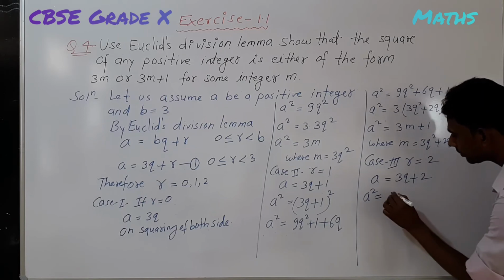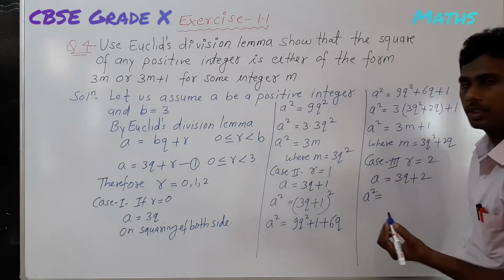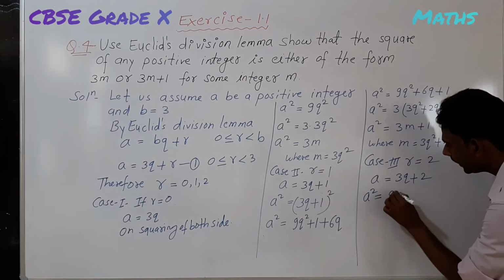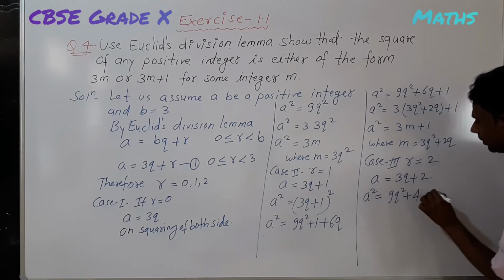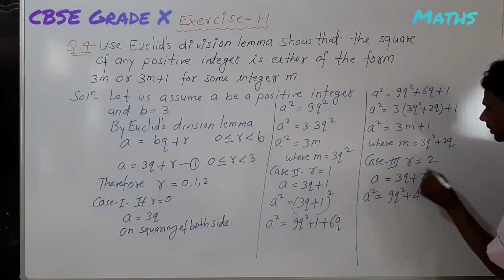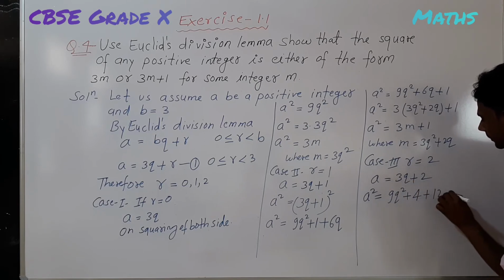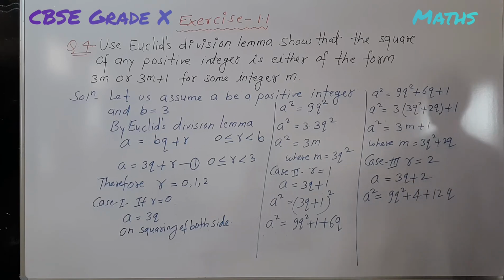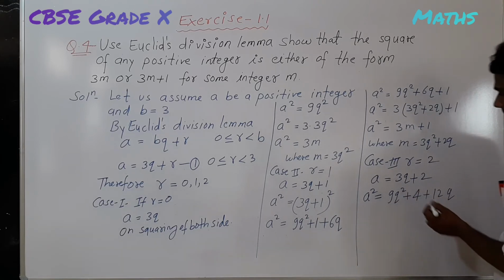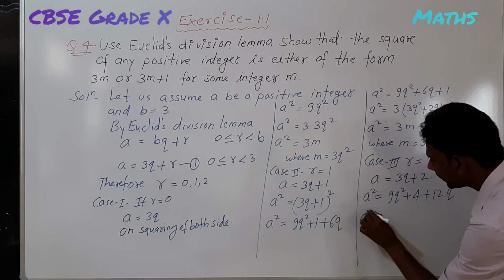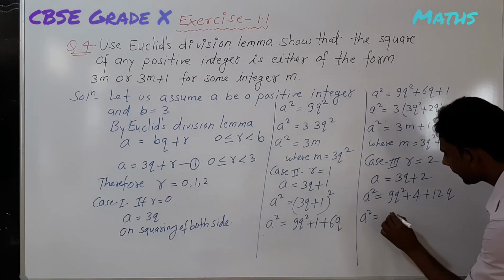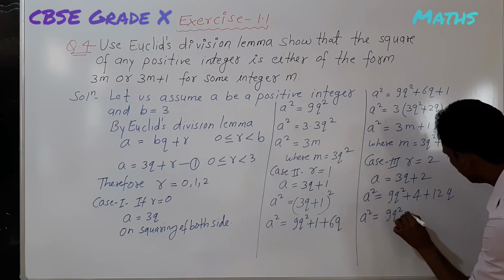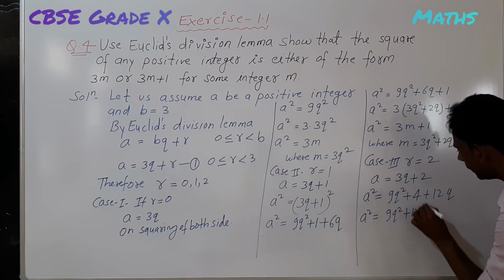In the same way, using a plus b whole square, it will be 9q square plus 2 square, 4, plus 2 times 3 times 2, that is 12q. Now after arranging, a square equal to 9q square plus 12q plus 4.